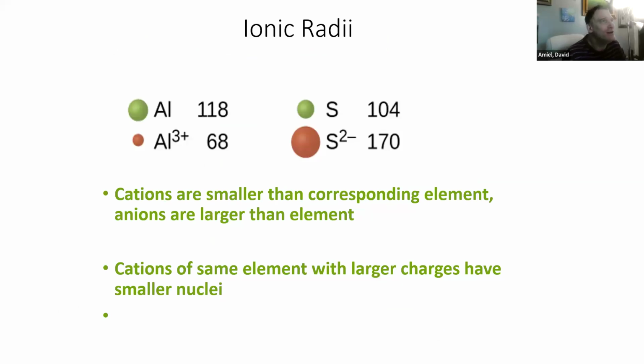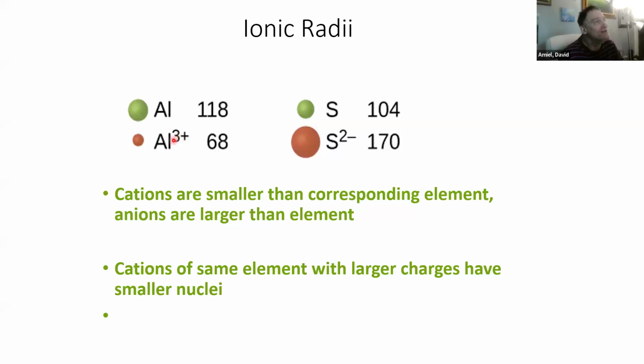Here is another trend, the trend in ionic radii. So these are all ions now. If you look at aluminum, it has a radius of 118, no units there, that's picometers. And look at the ion, it's only 68.